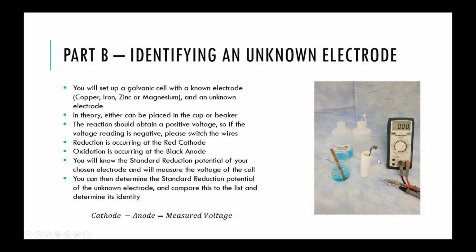Once you have that unknown standard reduction potential, you can compare it to the given list of standard reduction potentials, and try to identify what this electrode is.